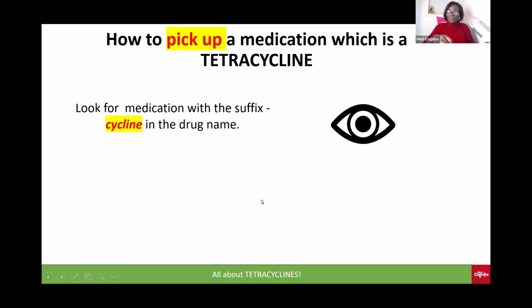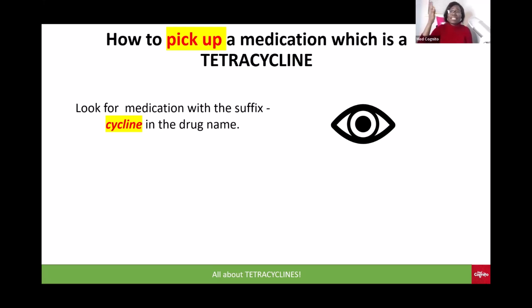So at this point, I would want us to do a quick recap. Can somebody give us in the chat box, or you can unmute and speak and let us know some of the indications of tetracycline. So how would you pick up a medication which is a tetracycline?